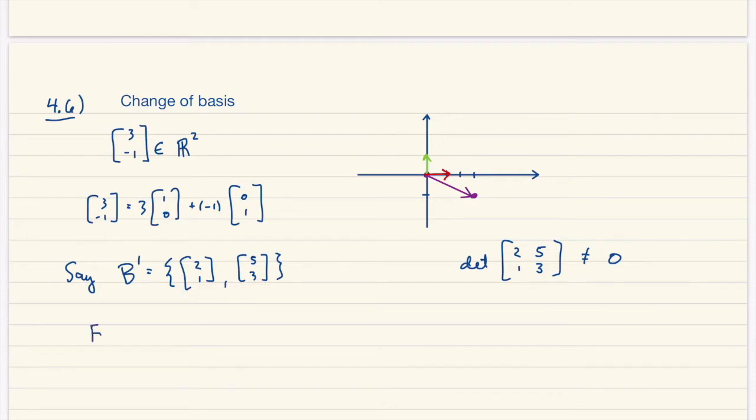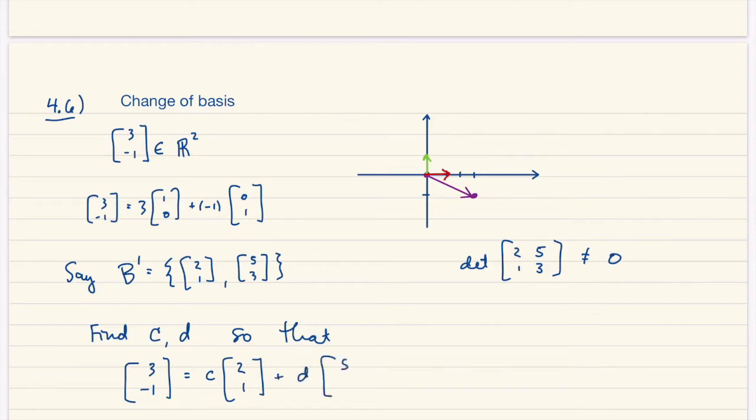What I really want is to find values of C and D so that the vector (3, -1) is a linear combination of our two basis vectors, (2, 1) and (5, 3). Once I find those values of C and D, I can write the vector (3, -1) as the vector (C, D) relative to the basis B prime.